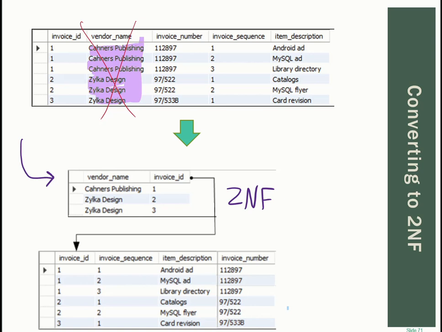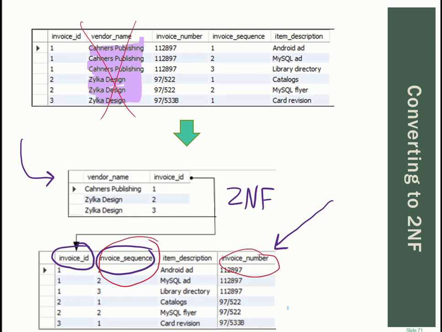This bottom table, our original table, now has one column missing, the vendor name. So we have to examine this again, and we'll find that this is also still in second normal form. The candidate keys are the invoice ID and the invoice sequence, and an alternative candidate key would be the invoice sequence with the invoice number.